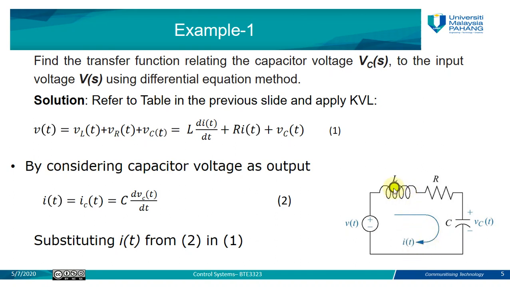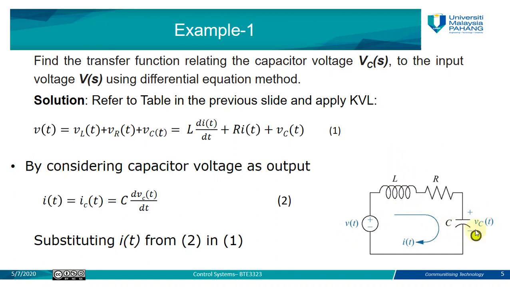But also, the most important thing is we need to identify what is the input to our system and what is the output. The transfer function is a function that relates the output and input. Here in this example, it says the output is across the capacitor. So this is VC(t), which represents the output of our network, and V(t) represents the input of our network.